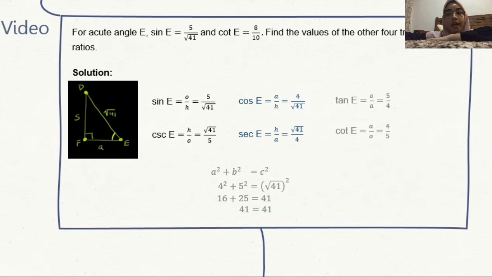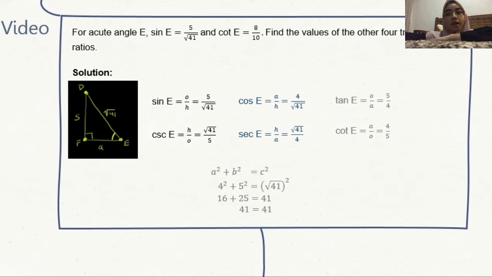So A square plus B square is C square. 4 square plus 5 square equals root 41 square.